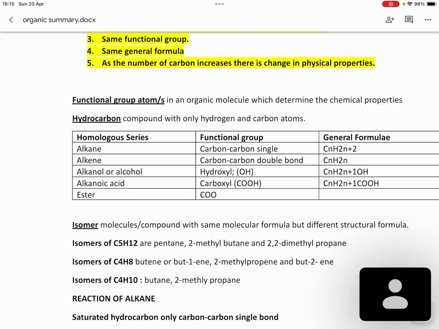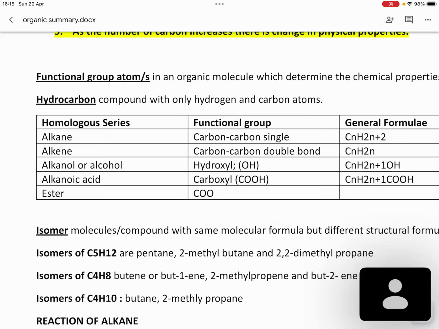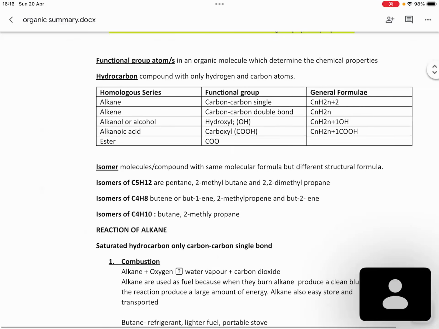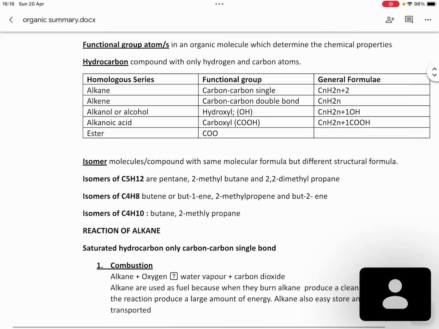The functional group is C double bond O. The difference between the alkanoic acid and the ester is that the alkanoic acid must have an H. So if you're circling the functional group for that, you must circle COOH. For the ester, it's COO, and the next part of the compound will have a C, but the functional group is actually just the COO, right? So you need to be able to distinguish between that.